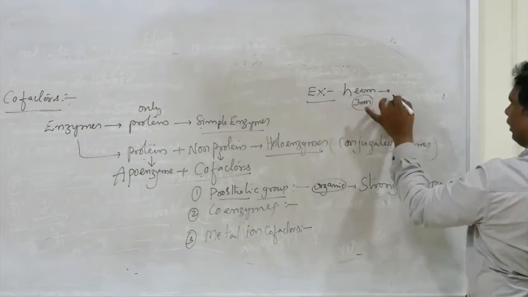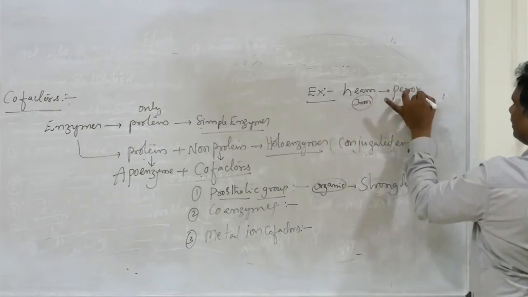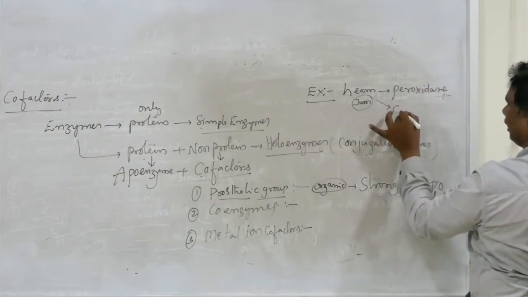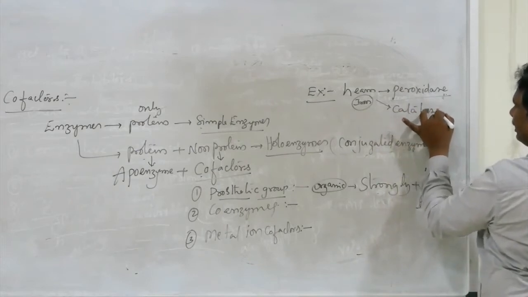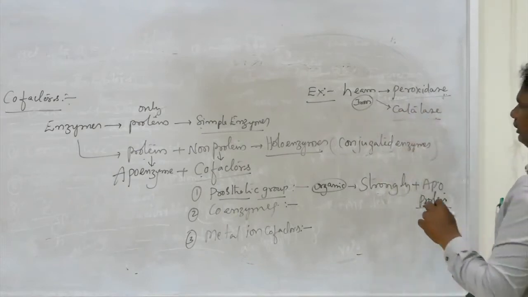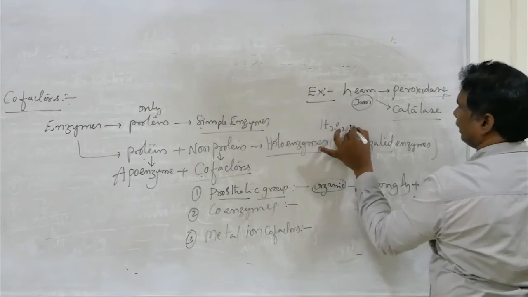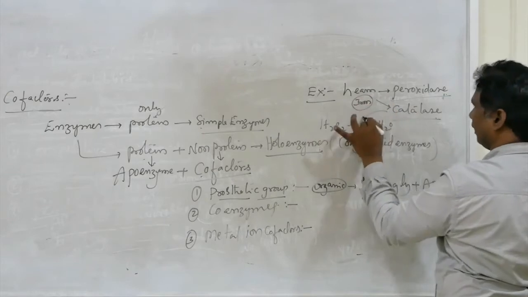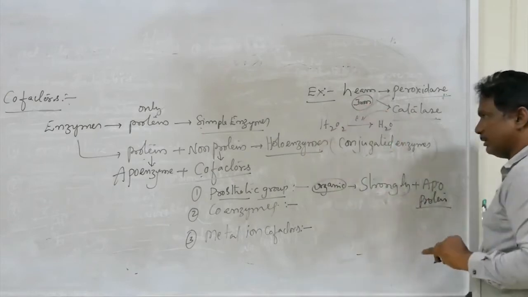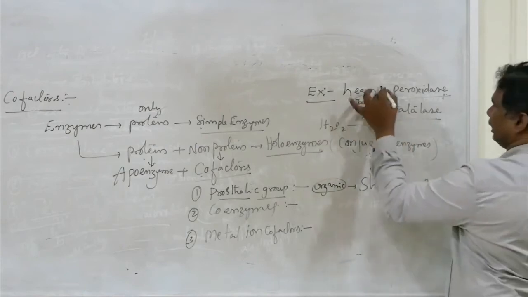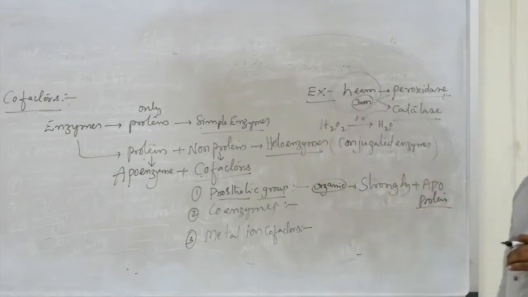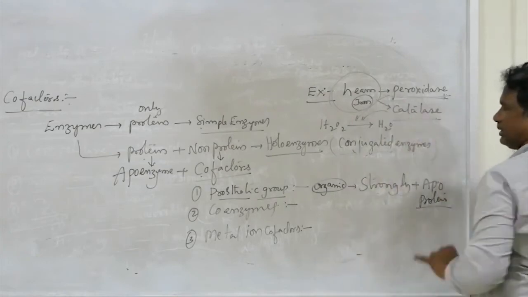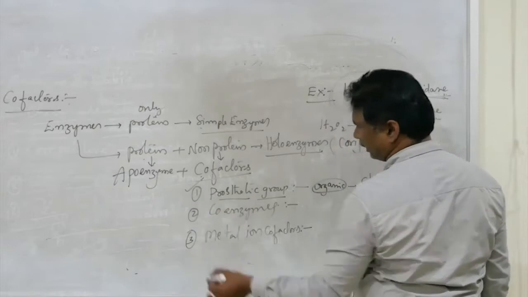Heme is the internal part of the enzyme peroxidase, and also of another enzyme, catalase. You know that hydrogen peroxide is converted into water in the presence of the enzymes catalase and peroxidase. In those, heme acts as a prosthetic group. Heme acts as a prosthetic group to the peroxidase enzyme. That is the prosthetic group.